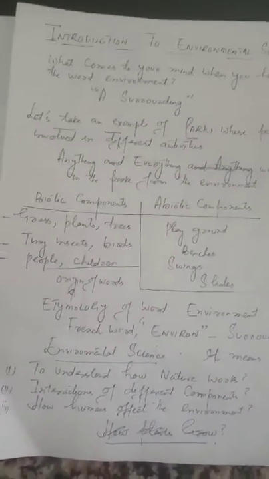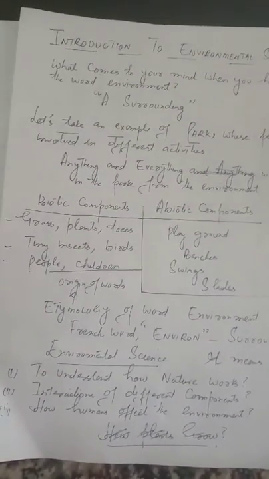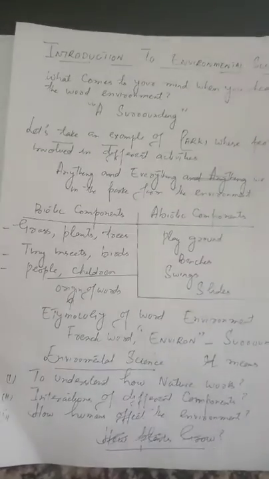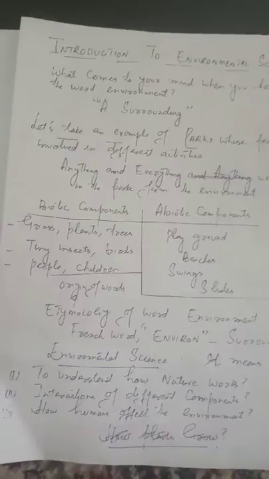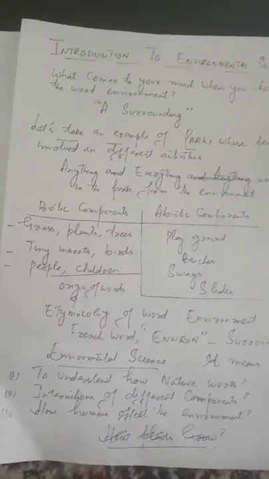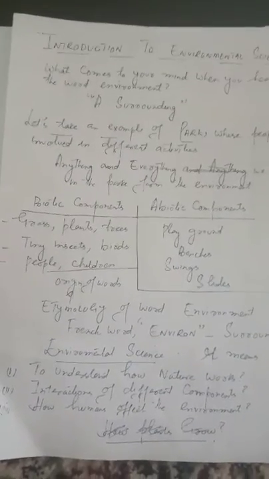So, environment is the sum total of land, water, air, and all the living things, and the interrelationship or the interaction between these different things.